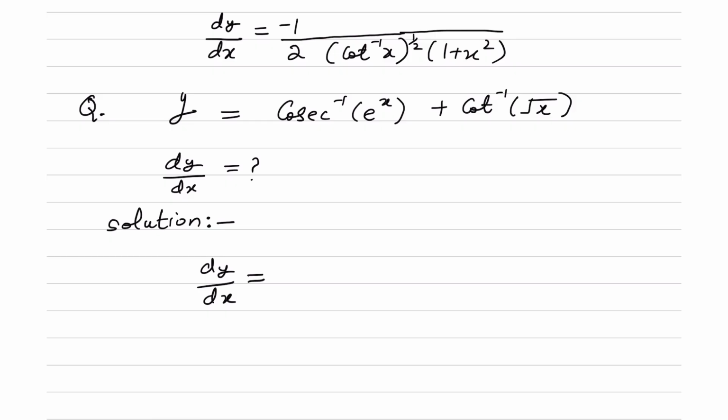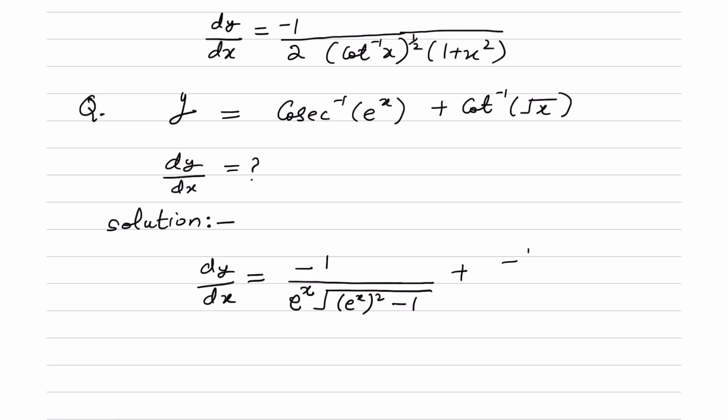So the cosecant inverse x derivative is minus 1 over x square root x square minus 1. But here the angle is not x, it is e power x. So by formula it is minus 1 over angle, which is e power x, square root angle square minus 1, plus the cot inverse x derivative is minus 1 over 1 plus x square, but the angle is not x here, it is square root x.